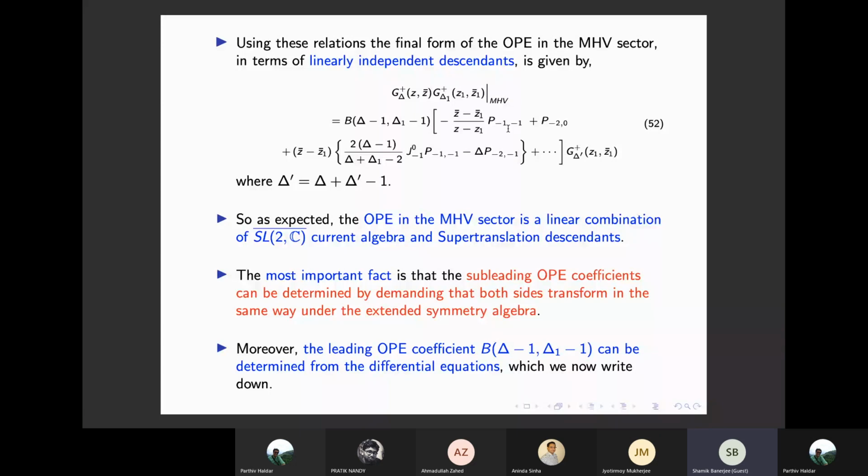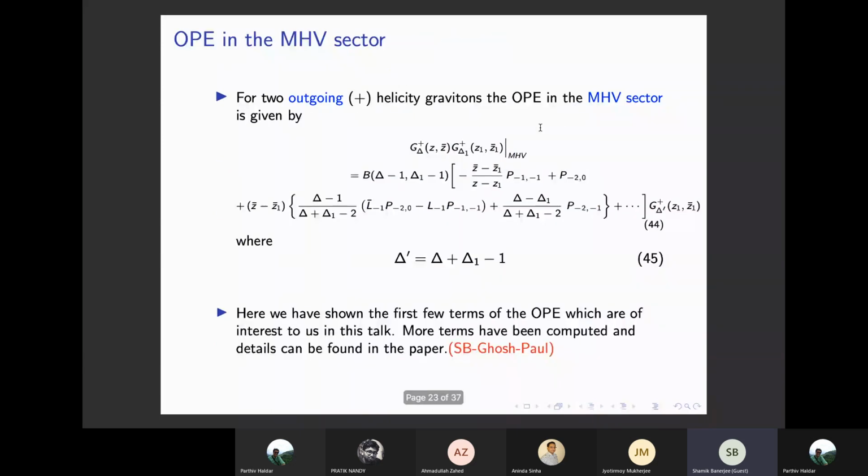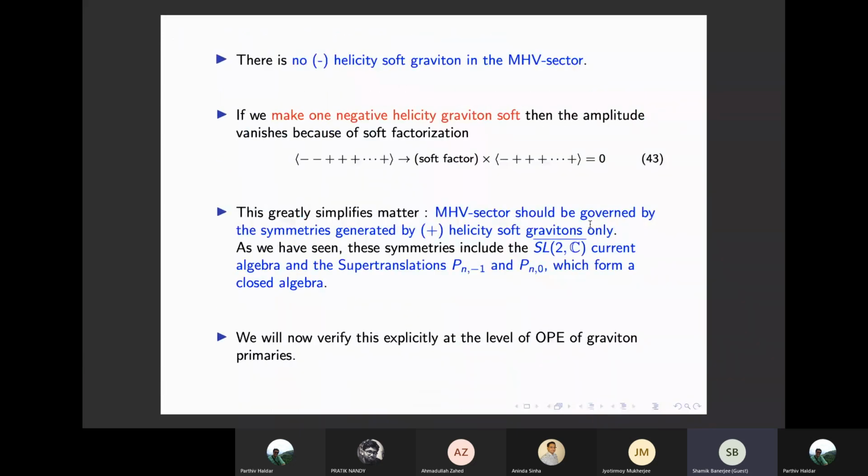If you do it abstractly, the fact that this OPE, G plus delta and G plus delta 1, the right hand side can be completely written in terms of the SL2C bar and the super translation descendants, now that essentially follows from the fact that you don't have a negative helicity soft graviton in this sector.